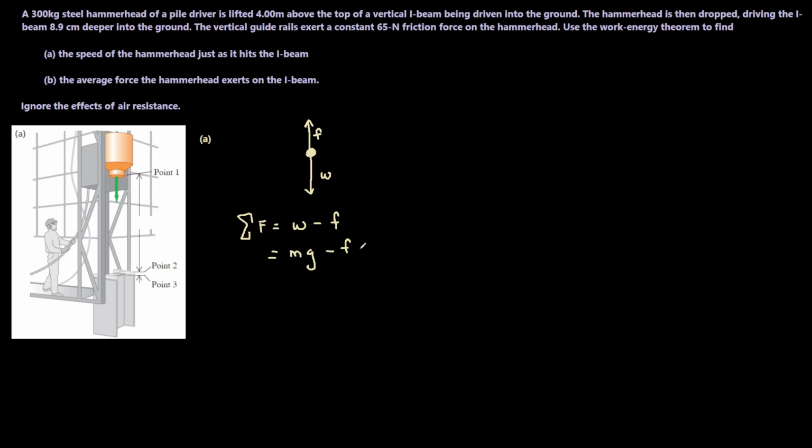And now we can plug in the information we've been given. So the net force is equal to the mass, which is 300 kilograms, times the gravity, which is 9.8 meters per second squared, minus the friction, which is a constant 65 newtons.